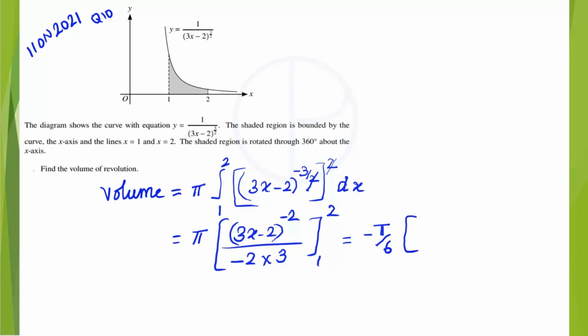Now substitute the upper limit 2. So 3 multiplied by 2 minus 2 will be 4. 4 power minus 2. When you substitute the lower limit, you will get 3 minus 2, which is 1. 1 power negative 2, that is 1 only.